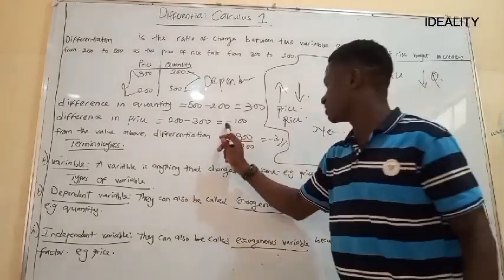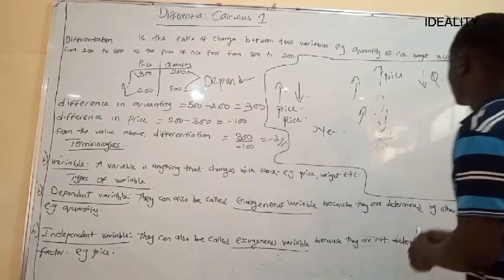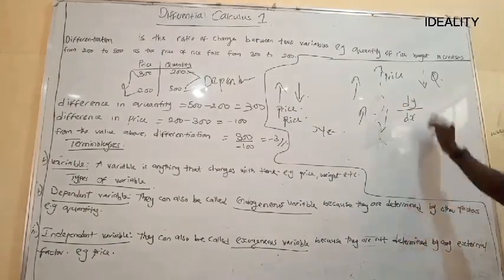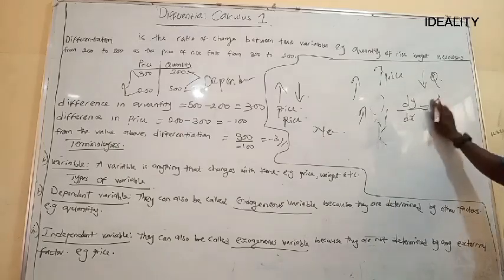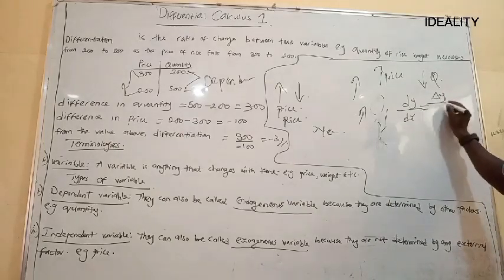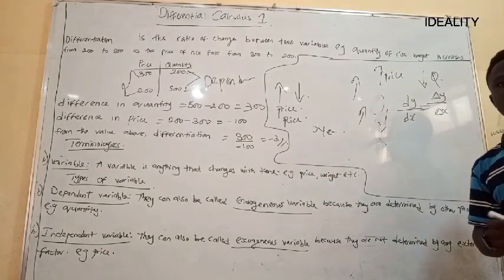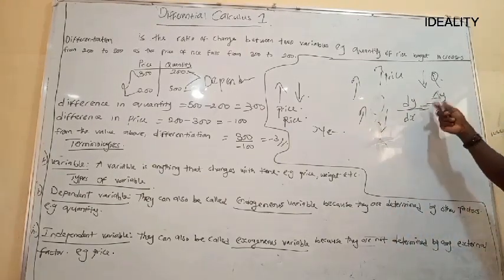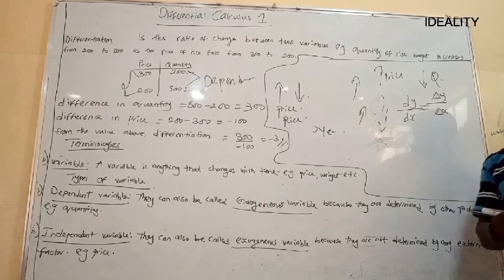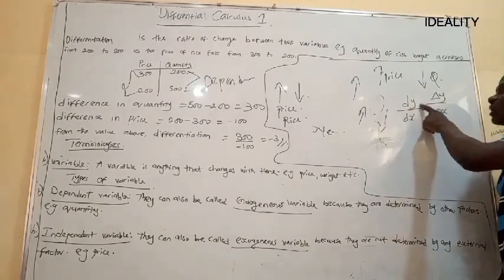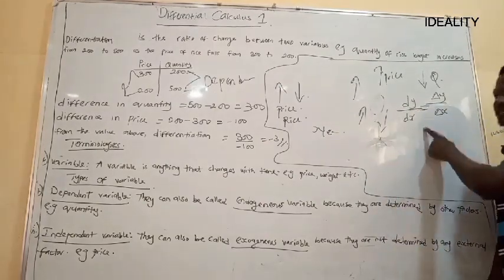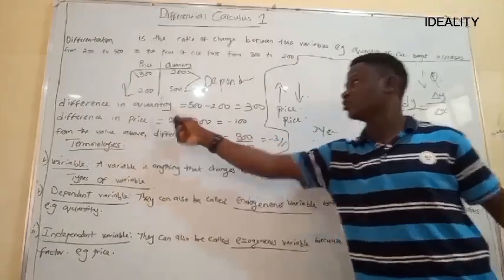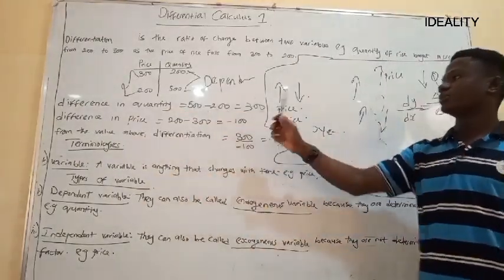This differentiation can also be written as dy/dx, or delta y over delta x. So whenever you see a sign like this, dy over dx, or delta y over delta x, it simply means change in y over change in x. Change in y is the difference in quantity, 500 minus 200, 300.